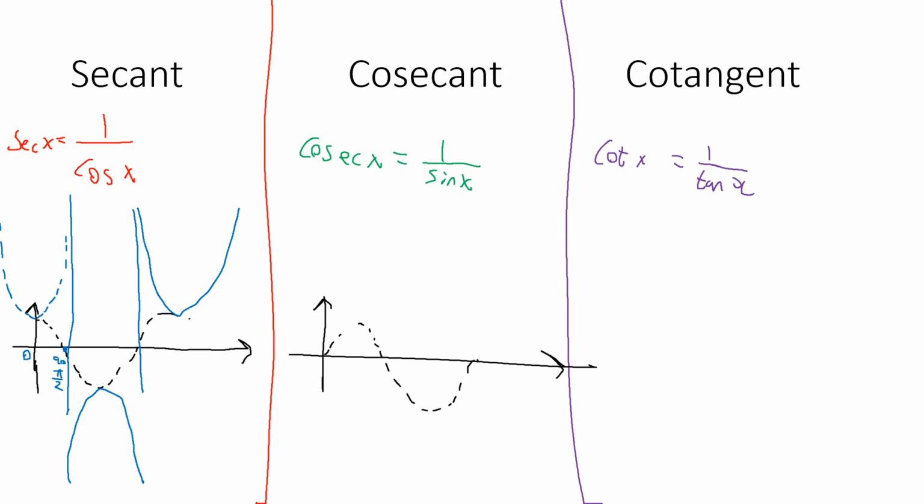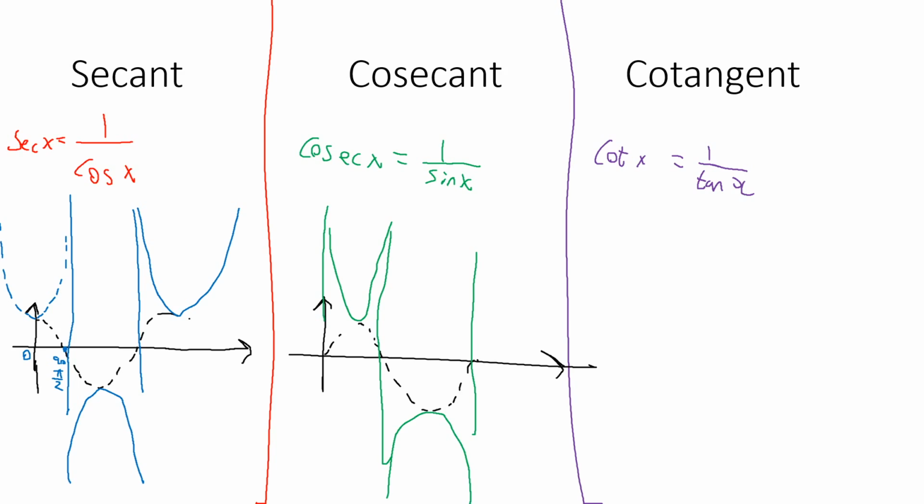You guessed it, the cosecant is going to look something like this. And of course, we don't touch the asymptotes here. Let me actually just draw the asymptotes so I don't confuse you guys. Yeah? Never touches. Never touches.